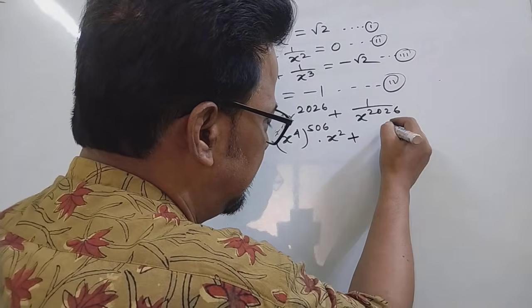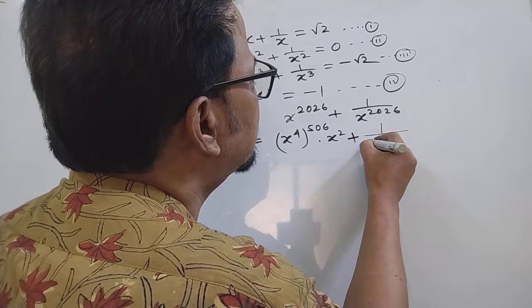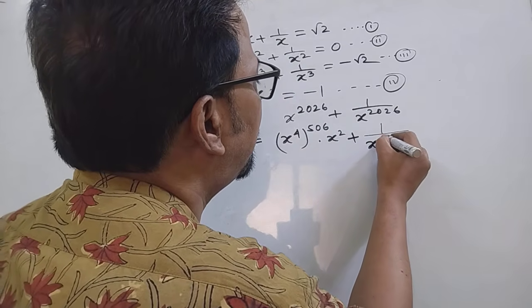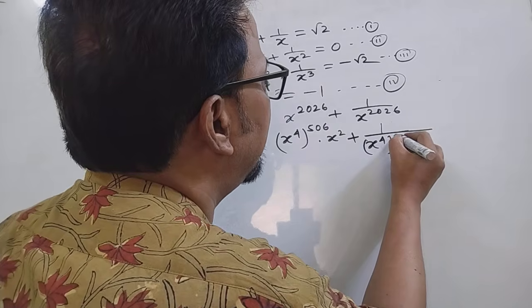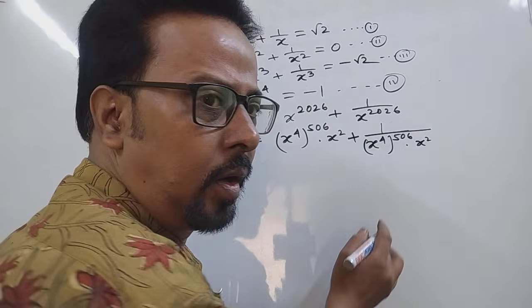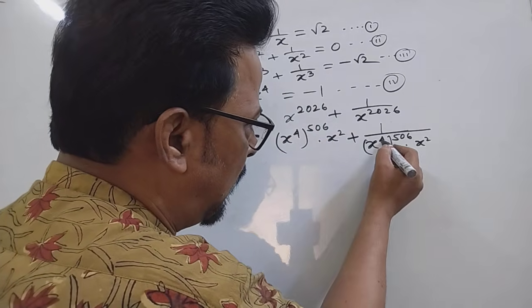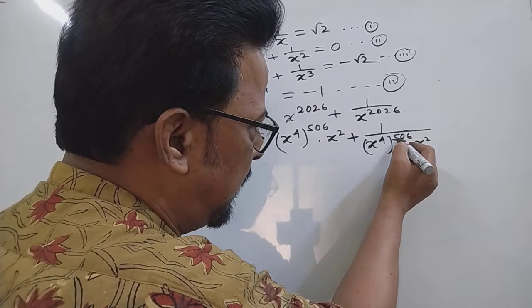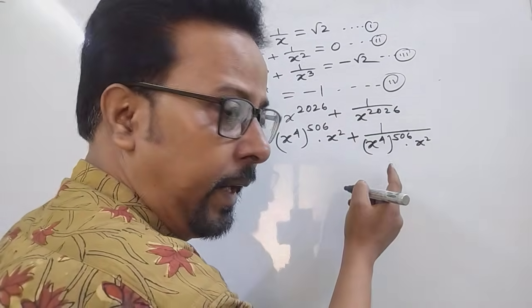Similarly, this will also be (x^4)^506 into x square, because x^4 into x^2024 plus 2 is 2026.